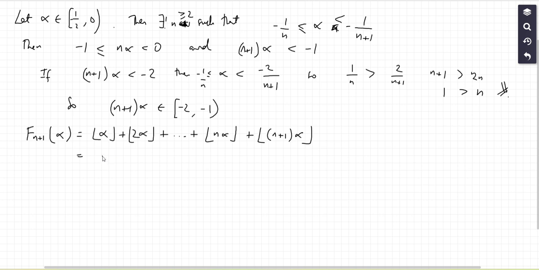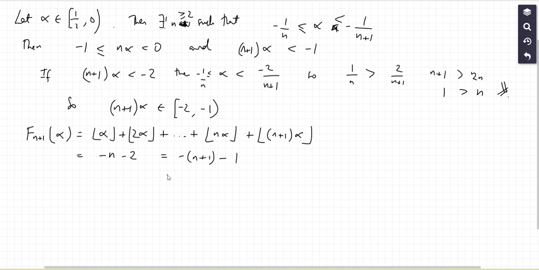Let's see if this still works, but it may not work. So this is minus 1 n times, so minus n. And then the floor of that is minus 2, which is minus n plus 1 minus 1.